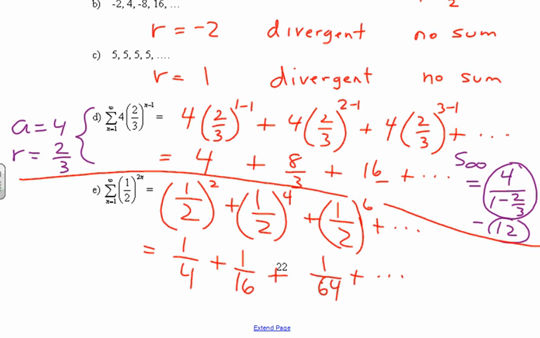Could you write out your A and R values now? What are your A and R values for this infinite series? A is 1/4. And as luck would have it, R is also 1/4. They're both 1/4.